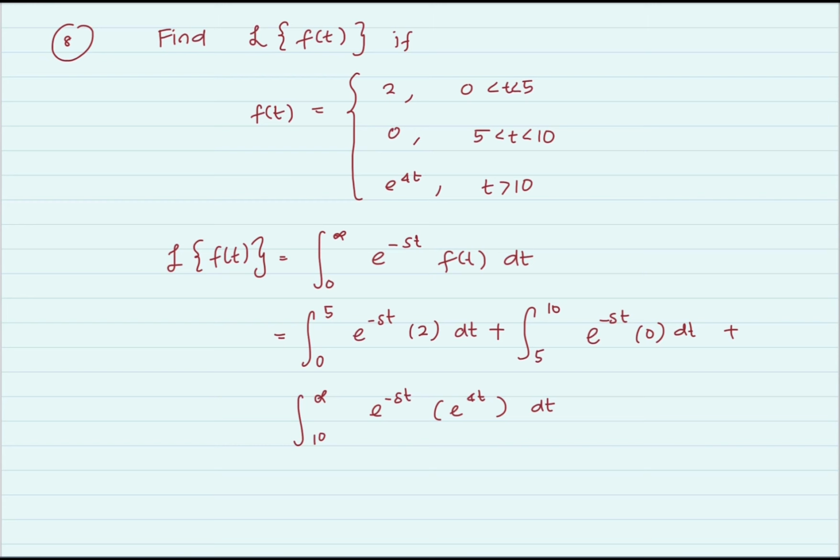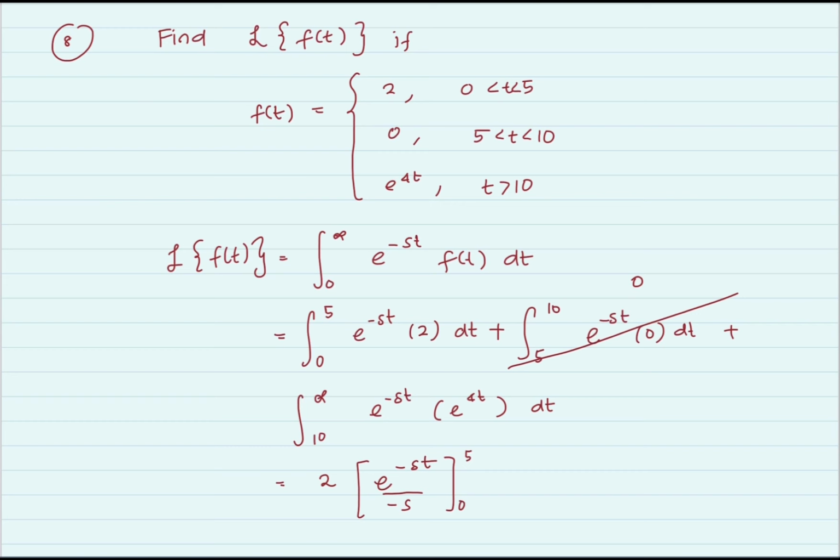Alright, so in this case this one is already 0. No problem. Now we want to solve for 2 e^(-st). We can take the 2 out, so we have e^(-st) over minus s, from 0 to 5.